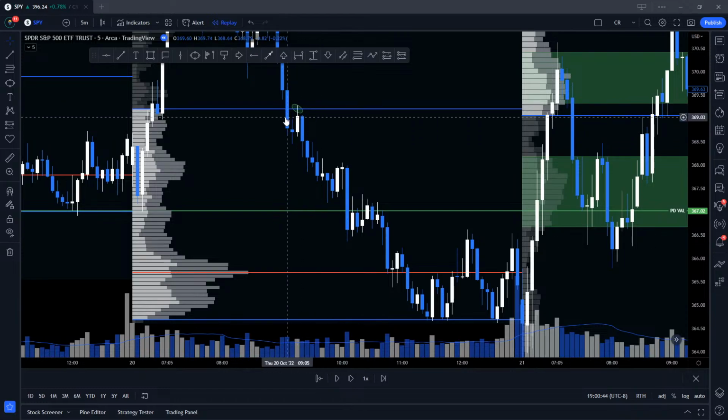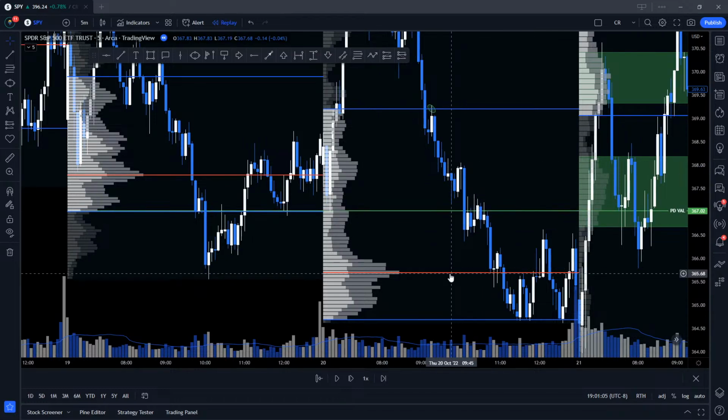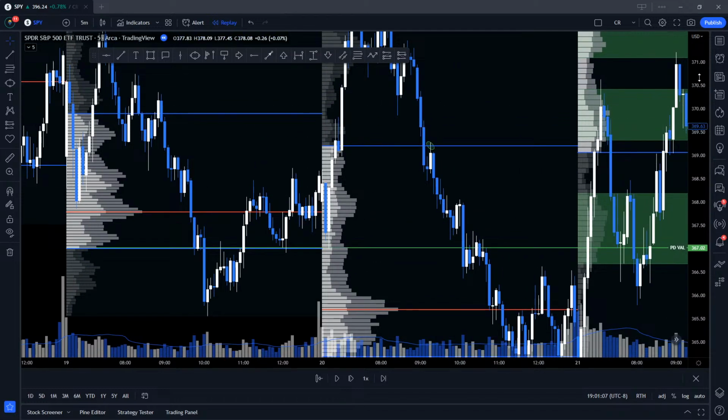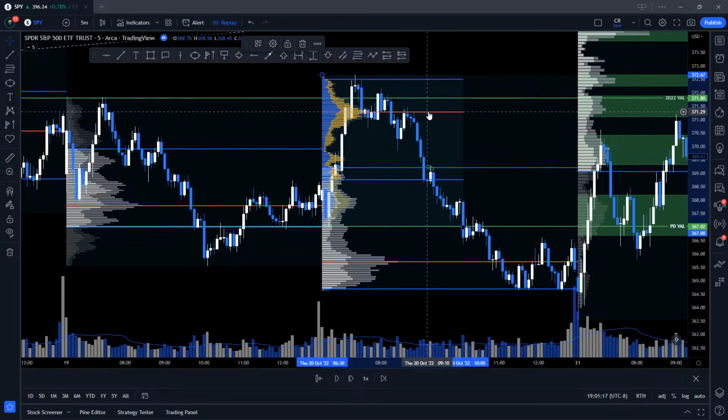If you caught this entry, you're going to be concerned about your previous day value area low here. This is a developing POC, so we don't even know where this is. If I go replay back to here, this POC is probably up here somewhere. We can figure it out actually. If we do a fixed range volume profile from here to here, my POC is up here.